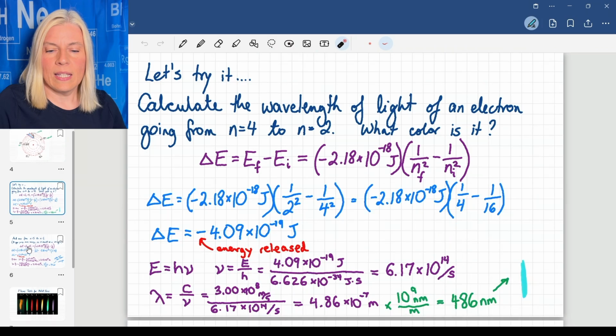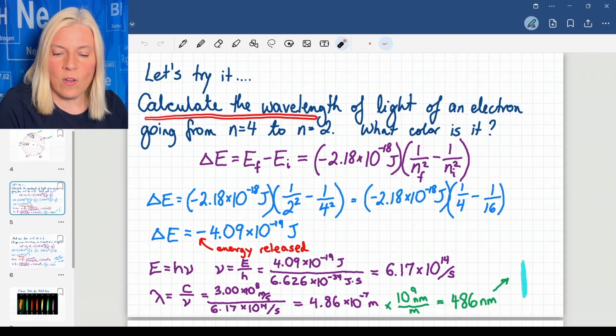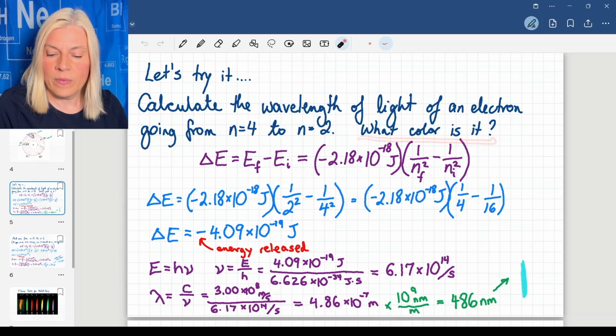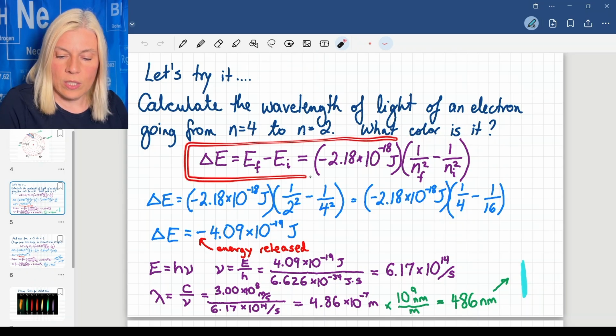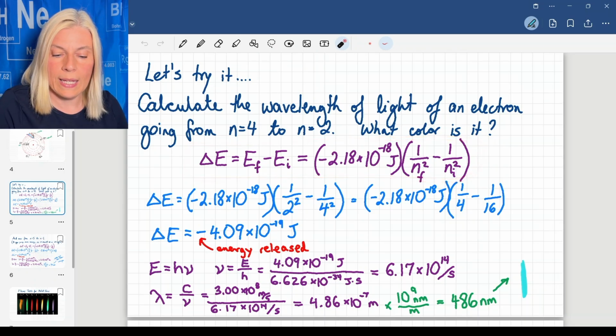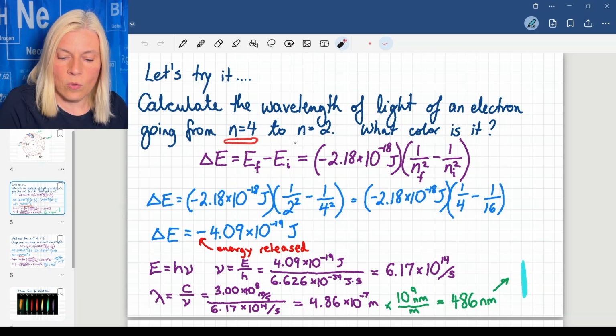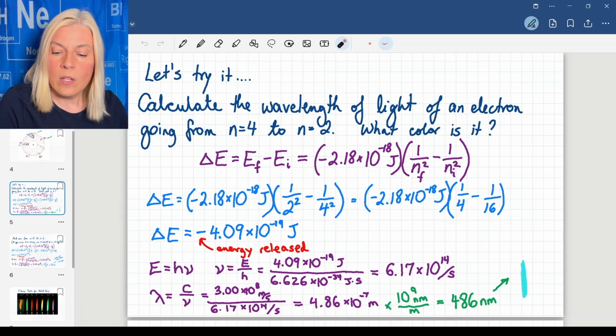So let's try it. Here we're going to calculate the wavelength of light of an electron going from the 4th energy layer orbit to the 2nd orbit. What color is it? So here is the Rydberg equation, and we're going to just plug in the numbers. So we're going from n=4 to n=2. What is here is my n final squared and n initial squared.